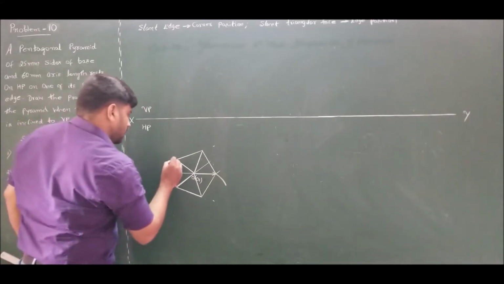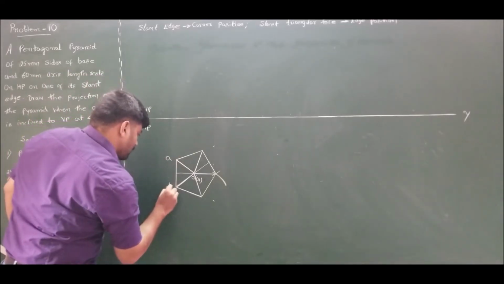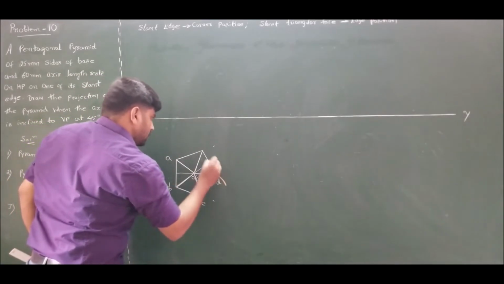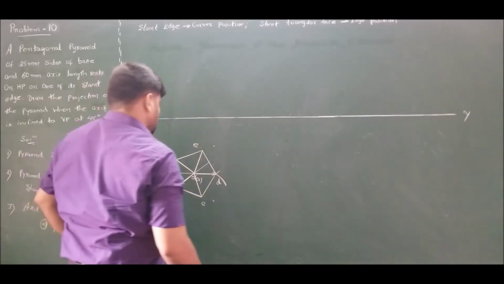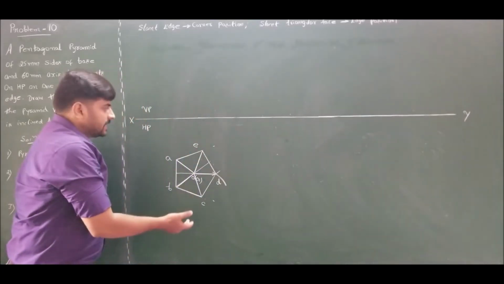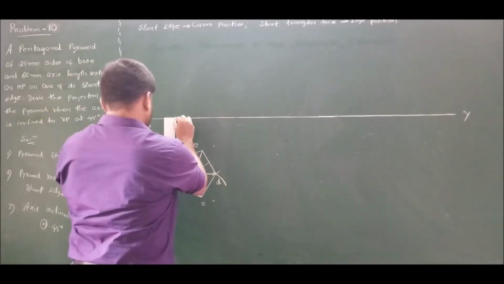Marking the corners, I will get A, B, C, D and E. Now take the projection vertically upwards.